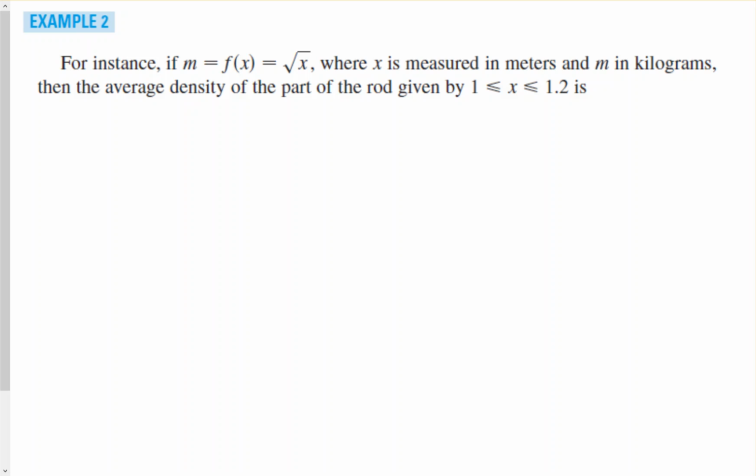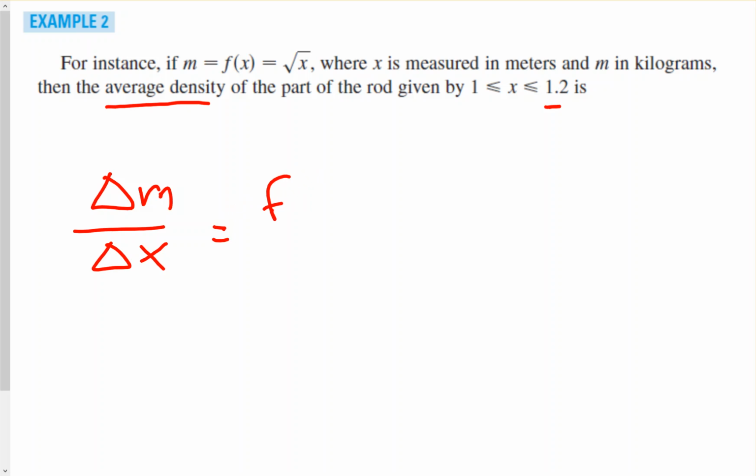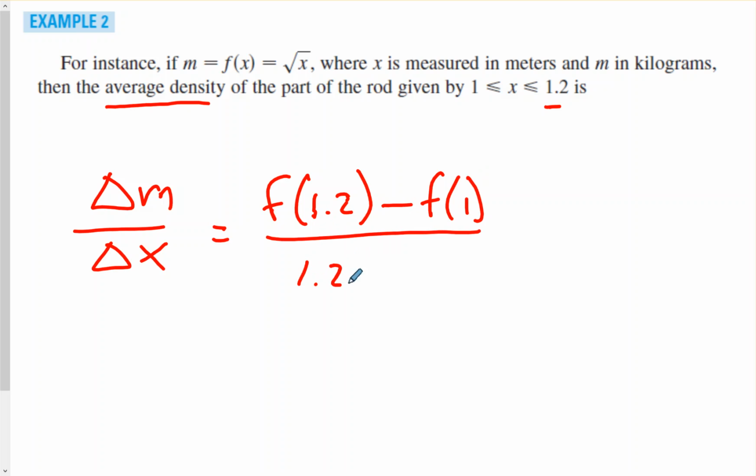so let's figure it out. Average density they want. Average density would be delta m over delta x, which would be, in this case, f of 1.2 minus f of 1 over 1.2 minus 1.